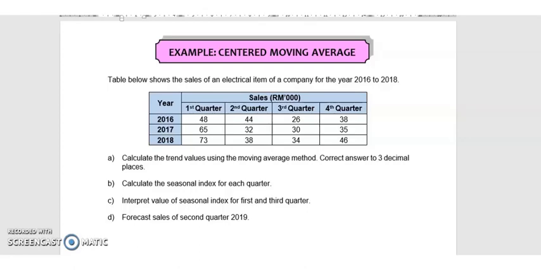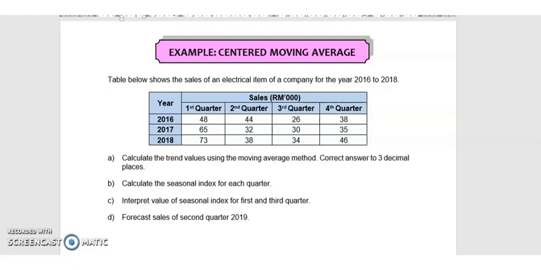Okay, in this video, we're going to continue with time series analysis on how to forecast or do prediction using centered moving average. Recall when to use centered moving average: when the time or the term given is an even number. For example, here we have quarterly data, quarter 1, quarter 2, quarter 3, quarter 4.